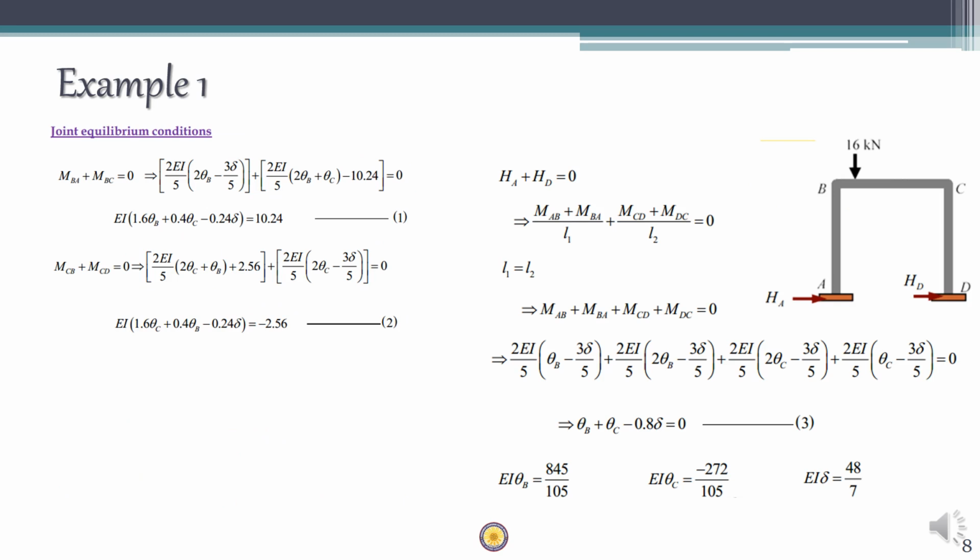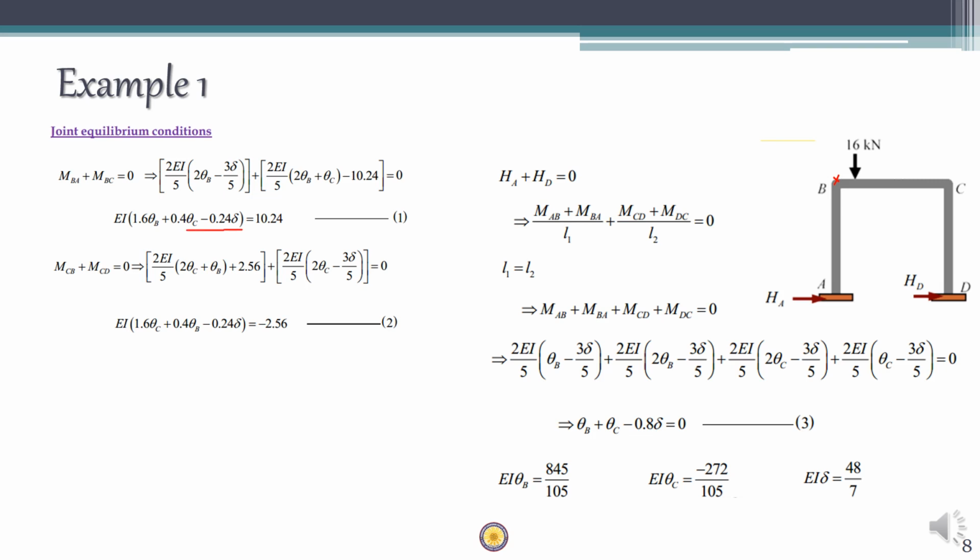So first one, at joint B, sum of support moments should be equal to 0, which is MBA plus MBC equal to 0. So we substitute what is MBA and MBC, and we get an equation which is having theta B, theta C, and delta.